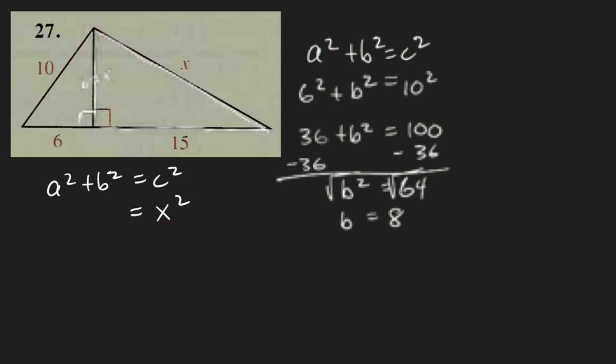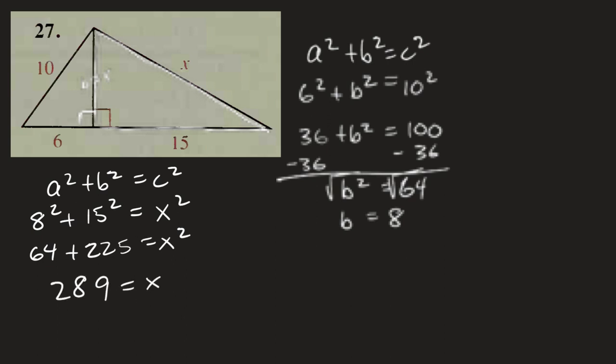And a, well, that could be 8. And b could be 15. Got to square them both. 8 squared is 64. 15 squared is 225. And then you have x squared. So 64 and 225, that's 289 equals x squared.